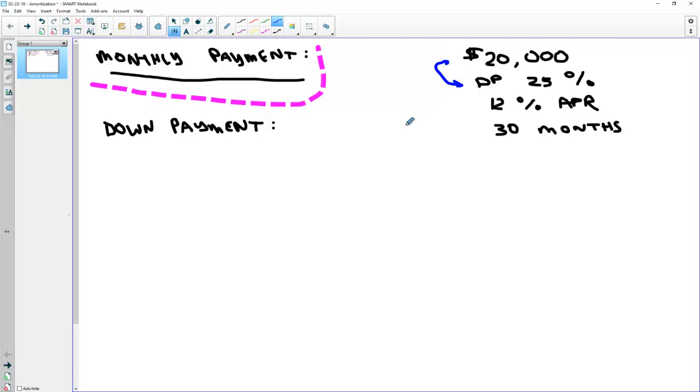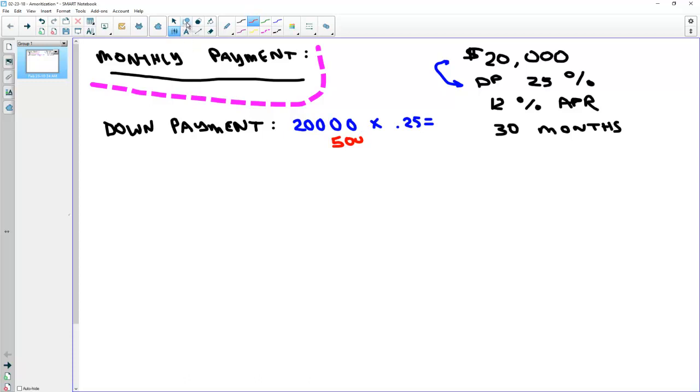It's kind of the term putting money down. So we're going to go 20,000, and we're going to multiply that by 0.25. Now, one of the mistakes is that students use 25, so you got to change it to a decimal. Okay. So it's 0.25. That's going to end up being 5,000.